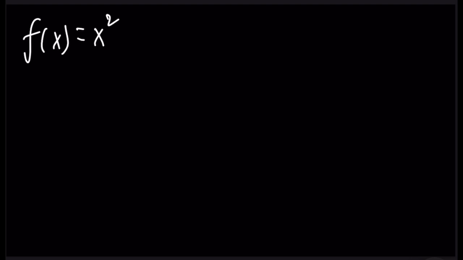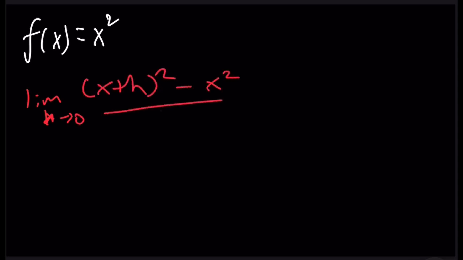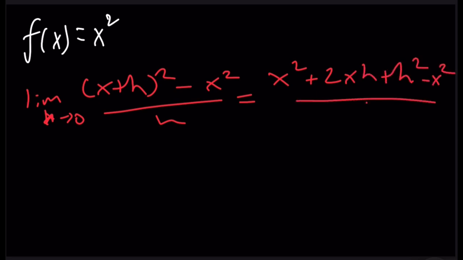Let's say f of x equals x squared. So we know that the derivative can be written as the limit as h approaches 0 of x plus h squared minus x squared over h. And by distributing, we get the numerator to be x squared plus 2xh plus h squared minus x squared all over h.